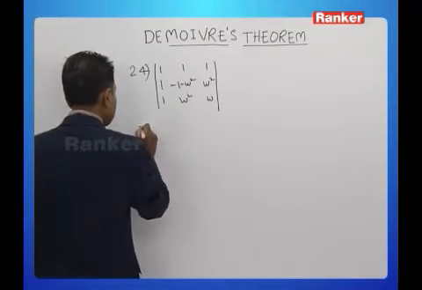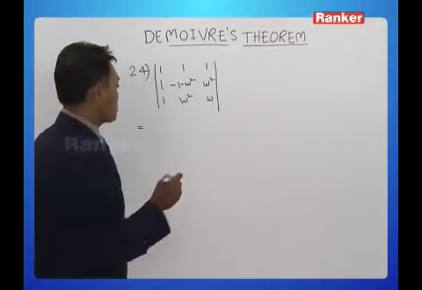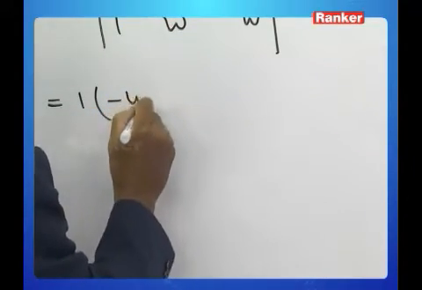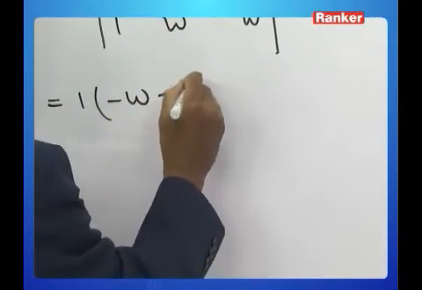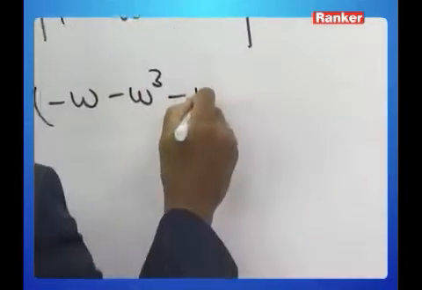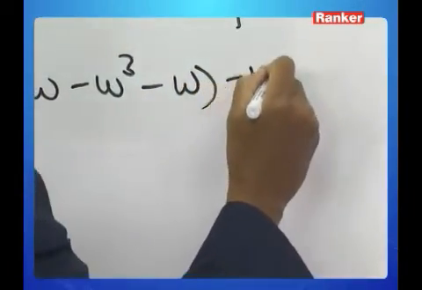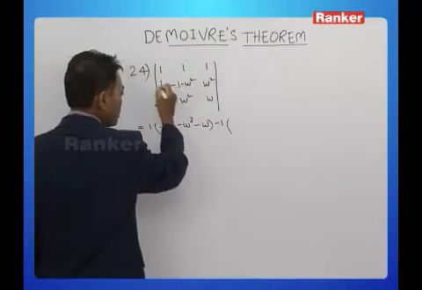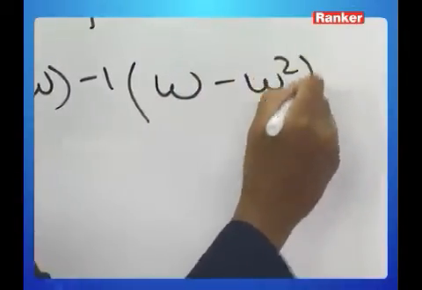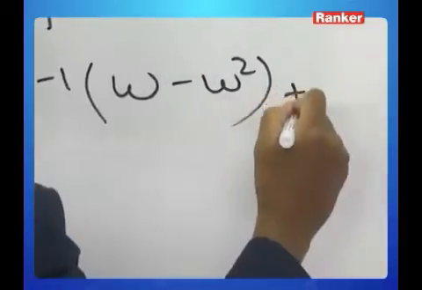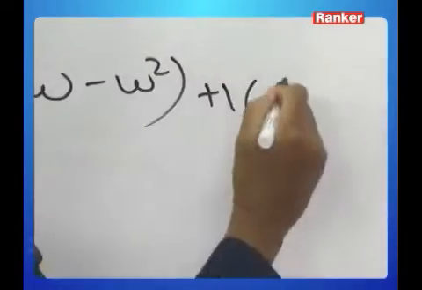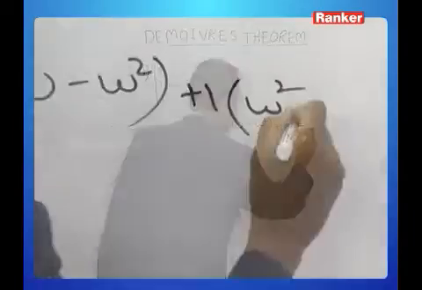Now, I am expanding this using Laplace expansion. Minus omega cube and minus omega power 4, that is omega only. Minus 1 into, leave this column and row, 1 into omega minus omega square. Finally, plus 1 into, leave this column and row, 1 into omega square minus omega.